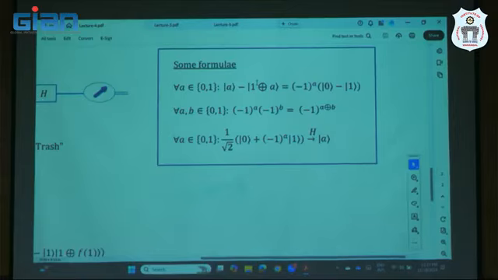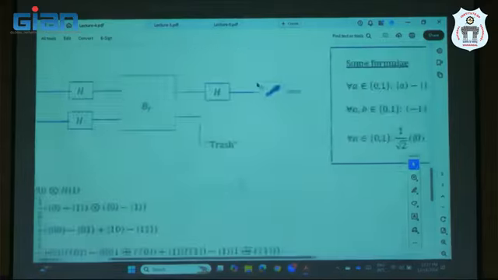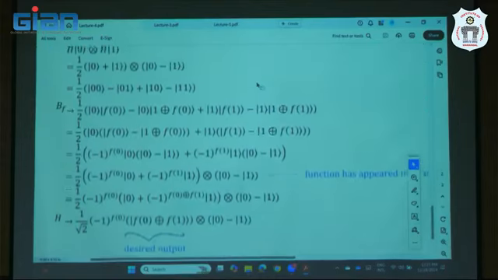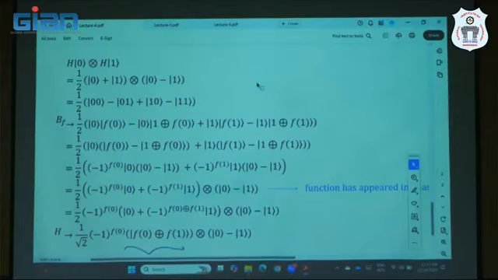This is what happens when you apply the Hadamard transformation. Remember, in the circuit, after we have done the BF, we are applying the Hadamard transformation on the first wire. So here, once we have reached here, we are applying the Hadamard transformation on the first wire.